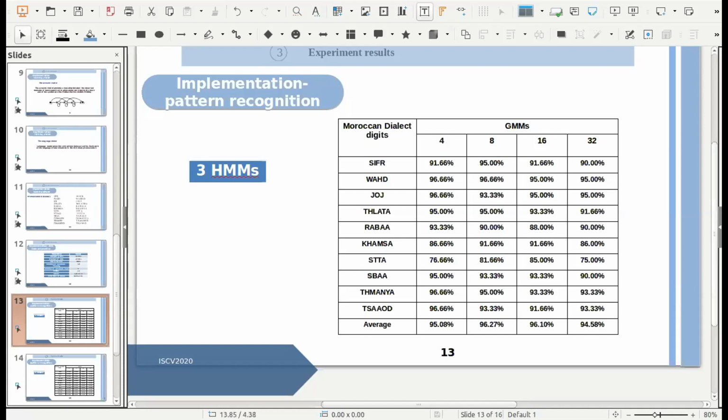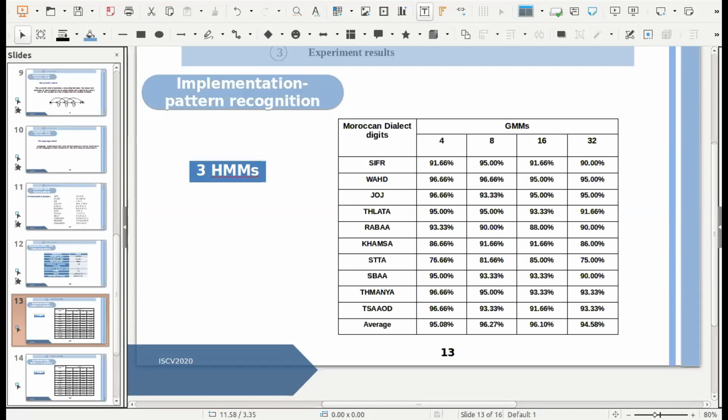For 16 and 32 GMM, we found 96.1% and 94.58% respectively.